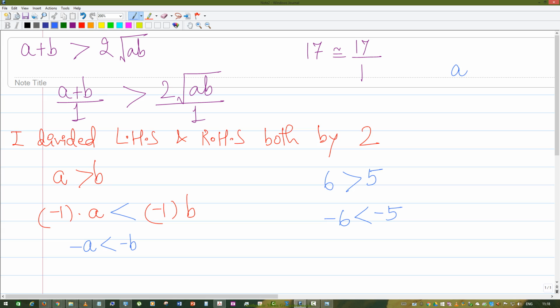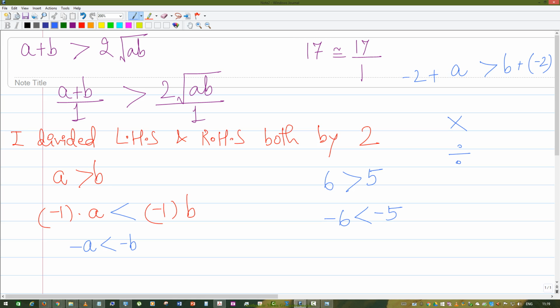If we have a is greater than b, and if I add minus 2 to both sides, the sign of inequality will not change. But it happens in the case of multiplication and division, that if we multiply by any negative number, we have to change the sign of inequality.